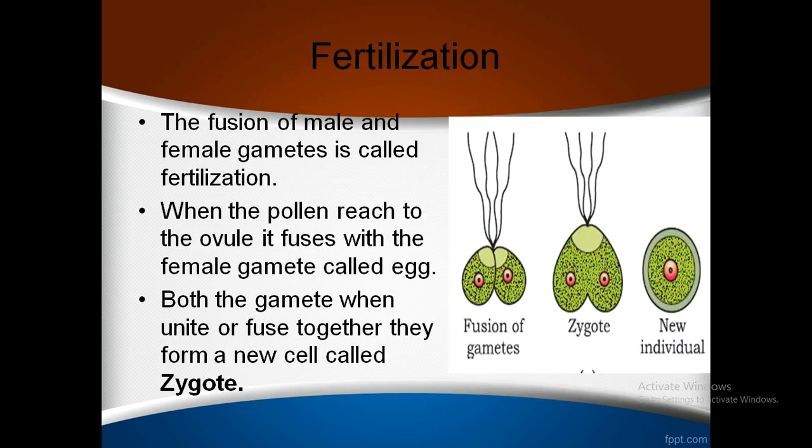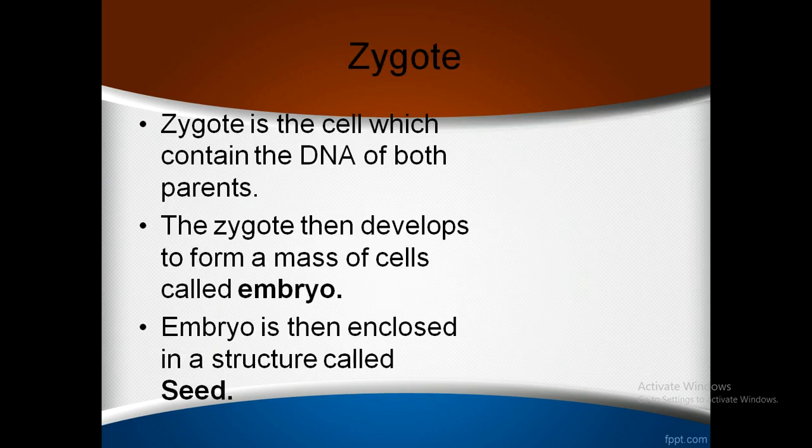Fertilization. When the pollen tube reaches the ovule, the fusion of the male gamete and the female gamete occurs. So the fusion of male and female gamete is called fertilization. When the pollen reaches the ovule, it fuses with the female gamete called the egg. When both gametes unite or fuse together, they form a new cell called the zygote.